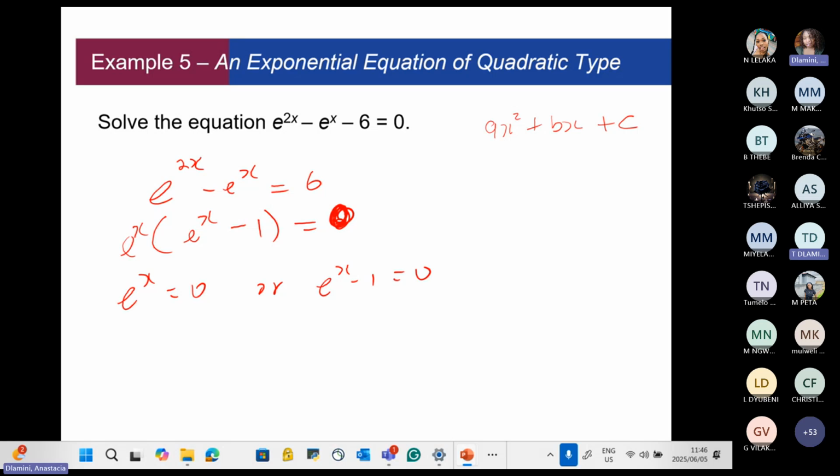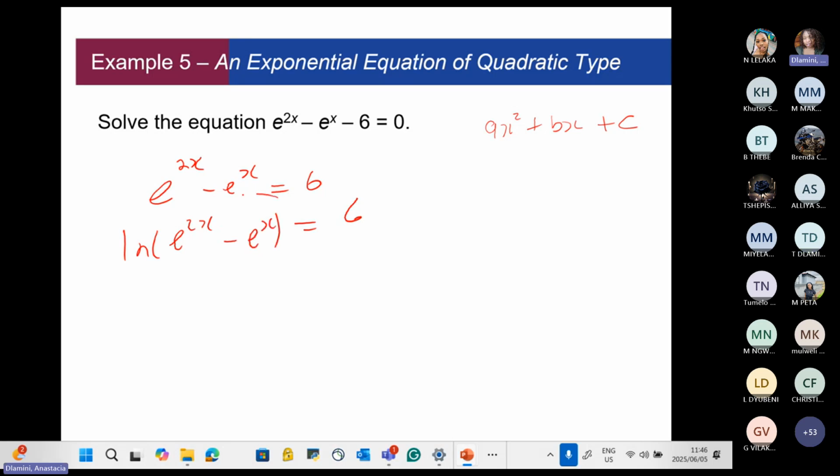Even if you took ln from here, because someone said ln, even if you took ln from here and say e to the power of x minus e to the power of x, do you understand that there's no rule whatsoever in mathematics that can help you to solve this ln function?